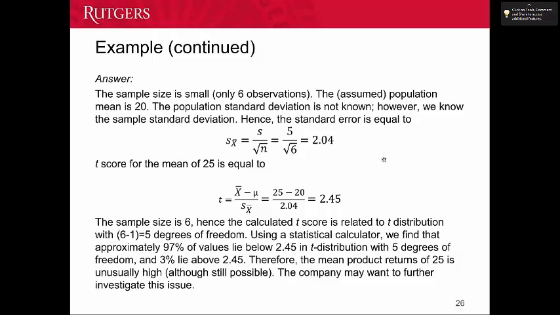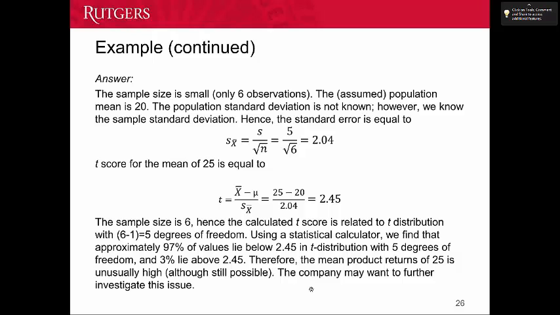The t-score for the mean of 25 can be calculated using the z-score formula we mentioned in previous slides, which gives us 2.45. The sample size is 6, and the calculated t-score is related to the t-distribution with 6 minus 1, which is 5 degrees of freedom.